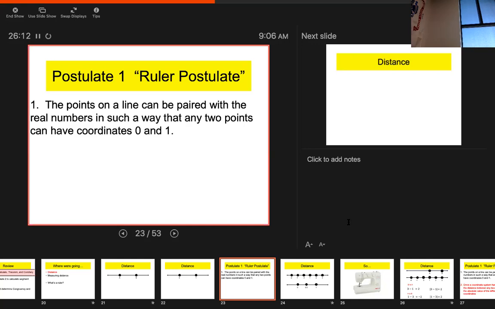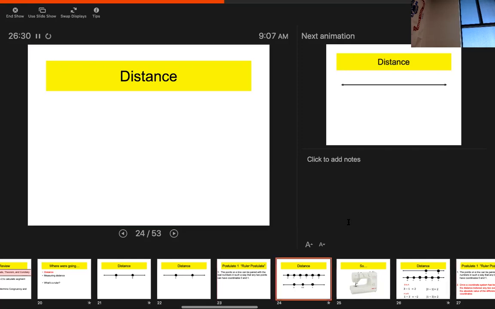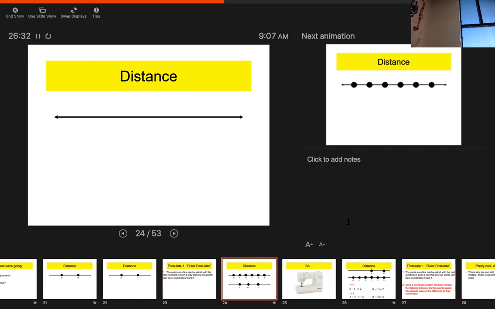What's a half? Don't overthink this. It's halfway between 0 and 1, right? Continue to cut that in half, you make more fractions, a quarter, an eighth, a 16th. This is called the ruler postulate.